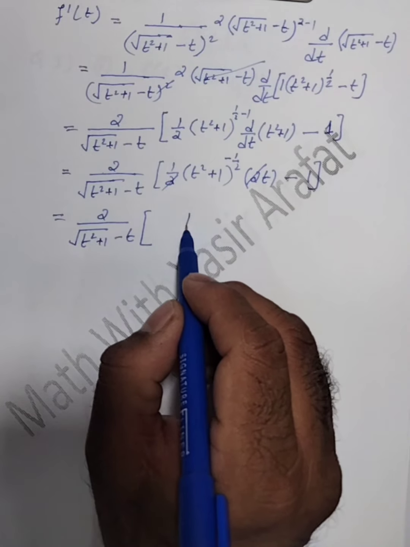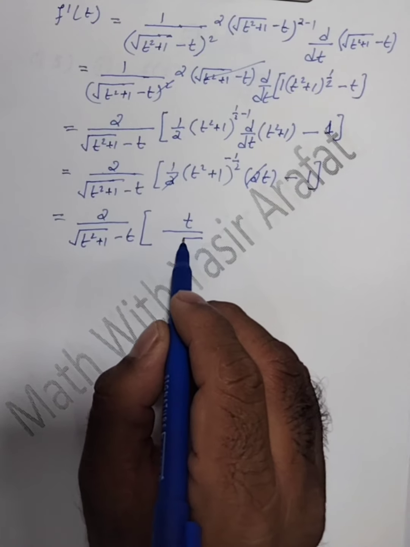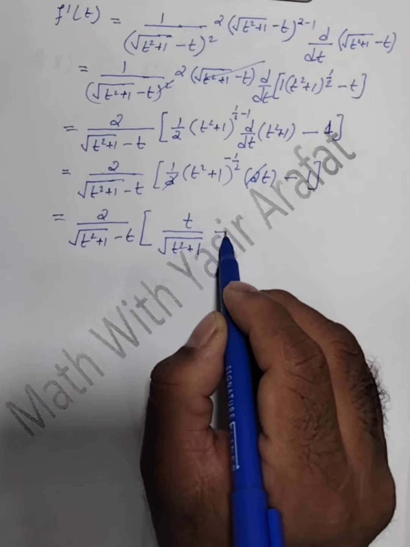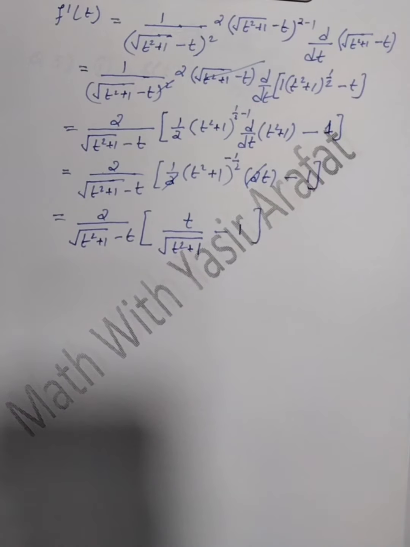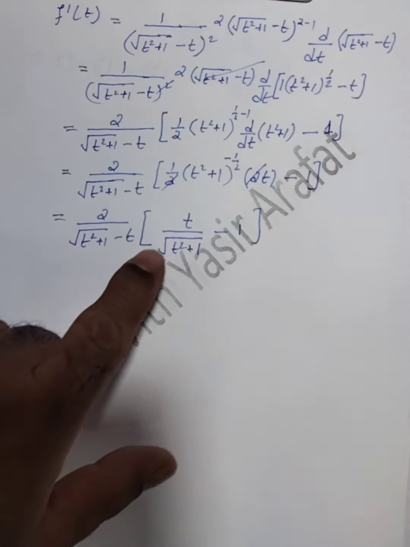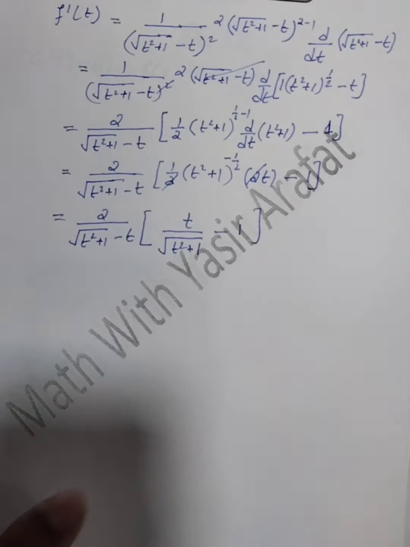We have to shift the whole expression into the denominator, so the negative power changes into positive, and we write down half here. Half means the radical. So we can write directly t over the radical of t square plus 1.